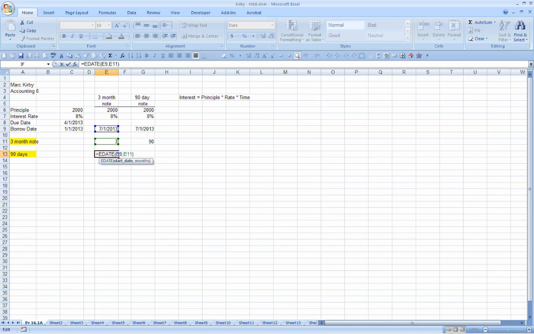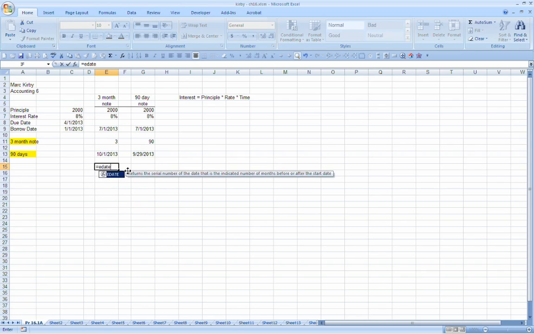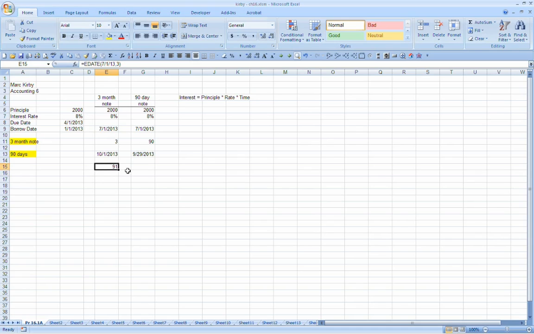We could have just typed in, I'm going to do it right below here, equals EDATE 7/1/13, comma 3, and oh, it tells me it's 91 days. Okay, that tells me how long it is. But by automating it up here, it knows that I want 7/1/13 and adding 3 months to it.